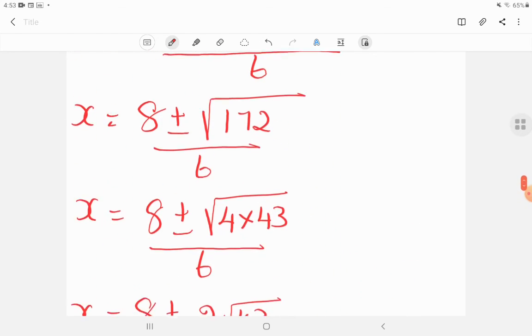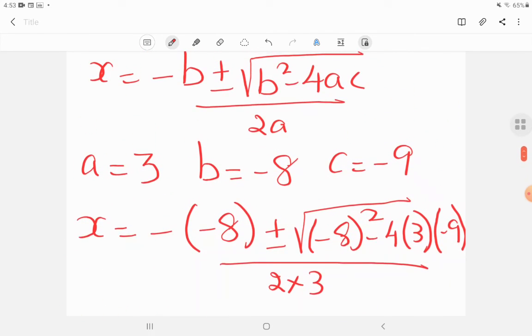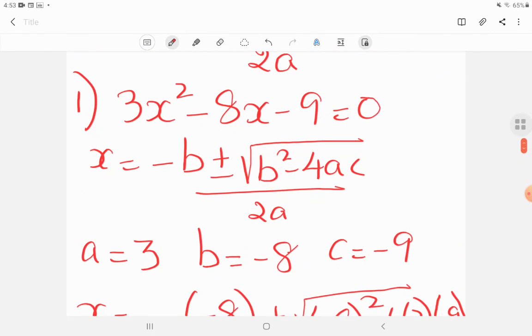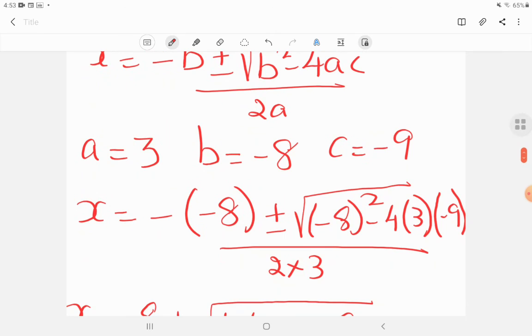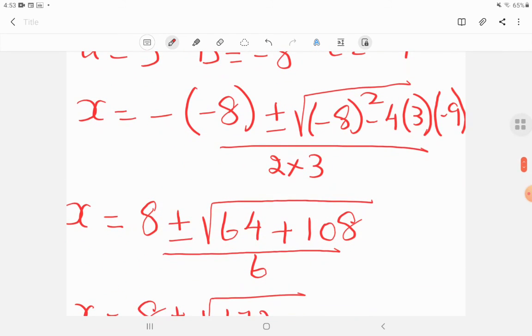We'll just go through that once again. Using the formula, it's always better to write down the formula and then write what a, b, and c are. a represents the coefficient of x squared, b the coefficient of x, and c the constant. After we substitute into the formula, it's important that you evaluate it correctly.